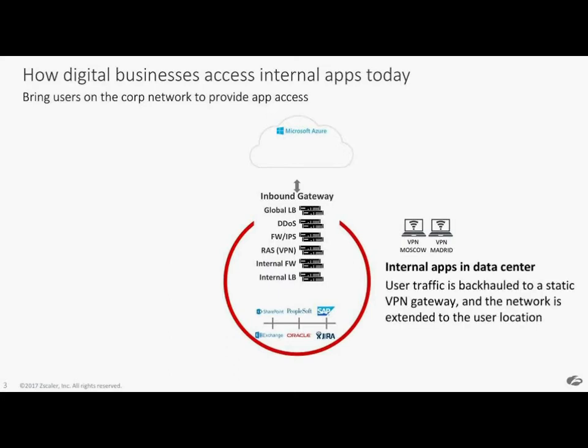So let's take a look at how we would traditionally have built a secure access to internal applications. Users off the network would create a VPN and go through a stack of equipment. We'd have a load balancer to give us resilience. We'd have denial of service protection because we have an exposed IP address to the internet. We'd use firewalls, IPS, IDS to protect that inbound and outbound traffic.